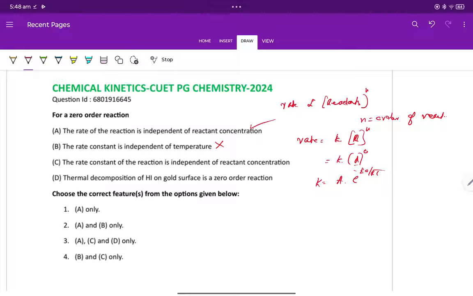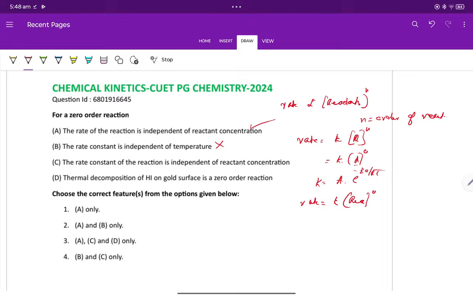Now the third one, rate constant is independent of the reactant concentration. Because rate is equal to K into concentration of the reactant to the power of 0.